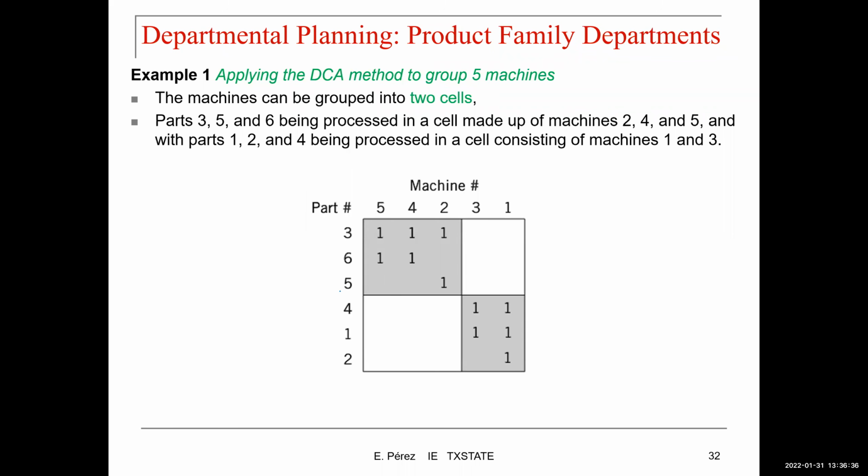Same thing here. Machines 3 and 1 are processing 4, 1, and 2. So that means that we can separate that cell from this cell, and they're going to be focusing on parts 4, 1, and 2.